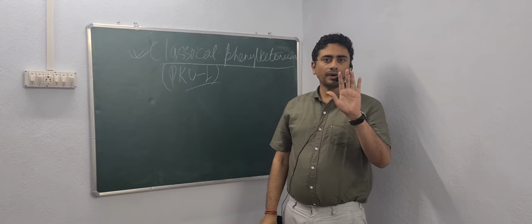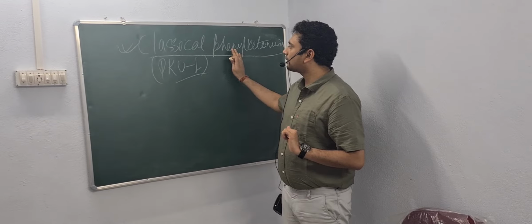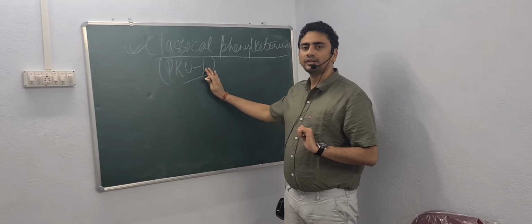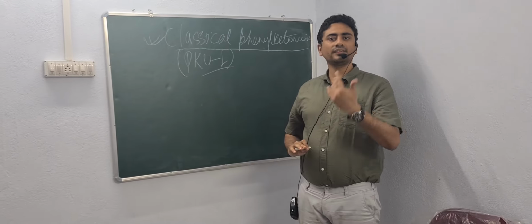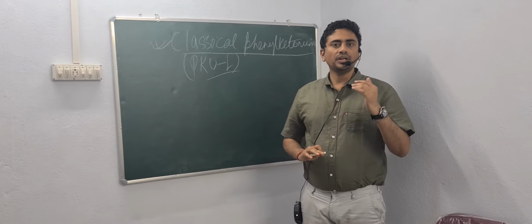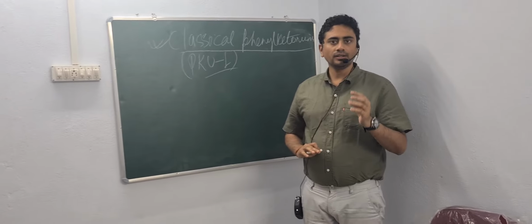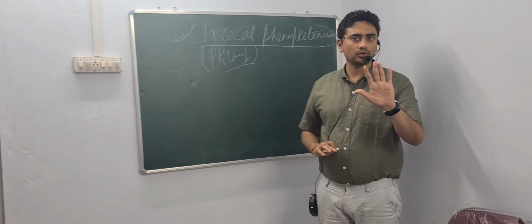There are basically 5 types. Classical phenylketonuria comes under PKU1, and the other types are called non-classical phenylketonuria, which includes PKU type 2, type 3, type 4 and type 5.